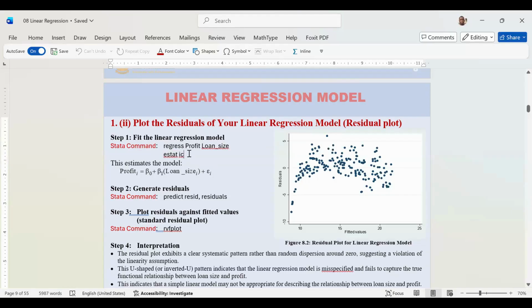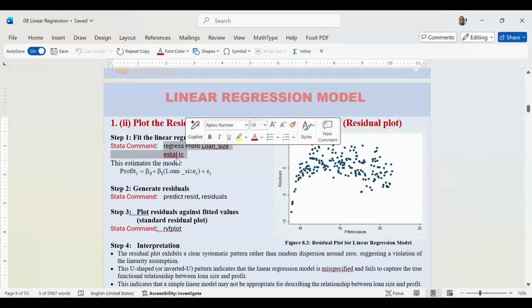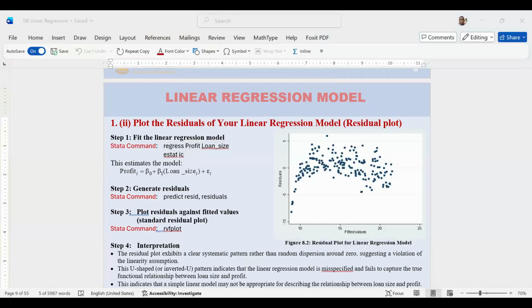Because we are going to compare models, after every regression model you type estat ic, and that will give you the AICs and the BICs. Do this and paste it into your Stata command. Make sure that estat ic is shifted to the beginning if it has moved somewhere to the middle.